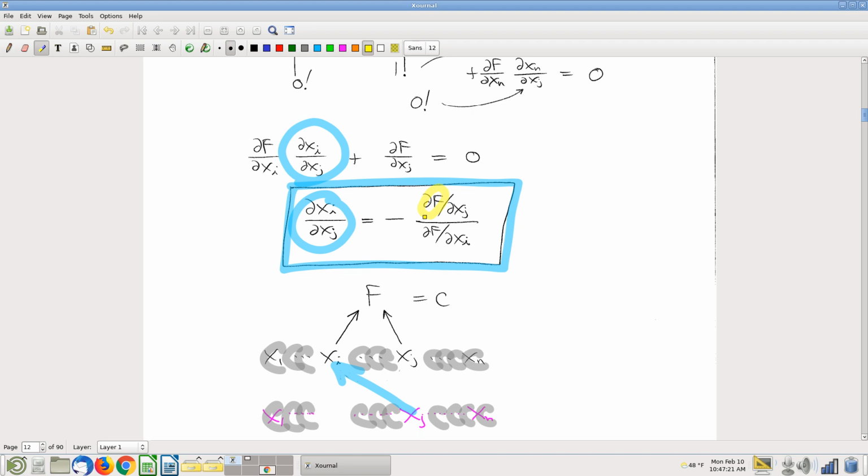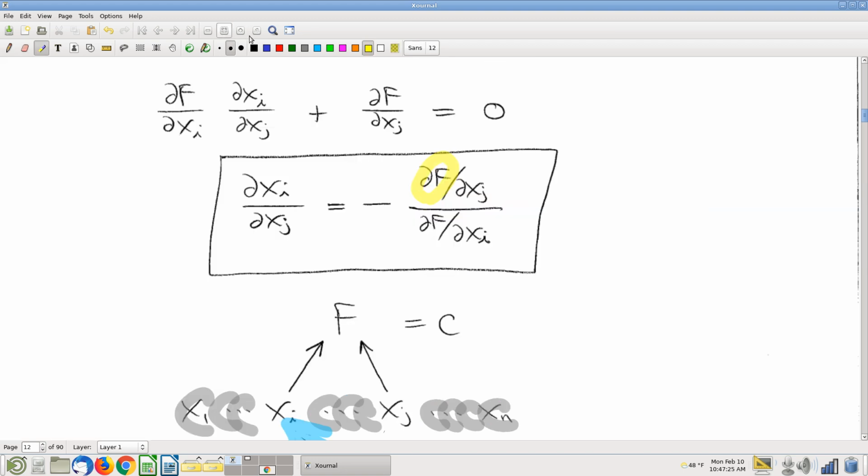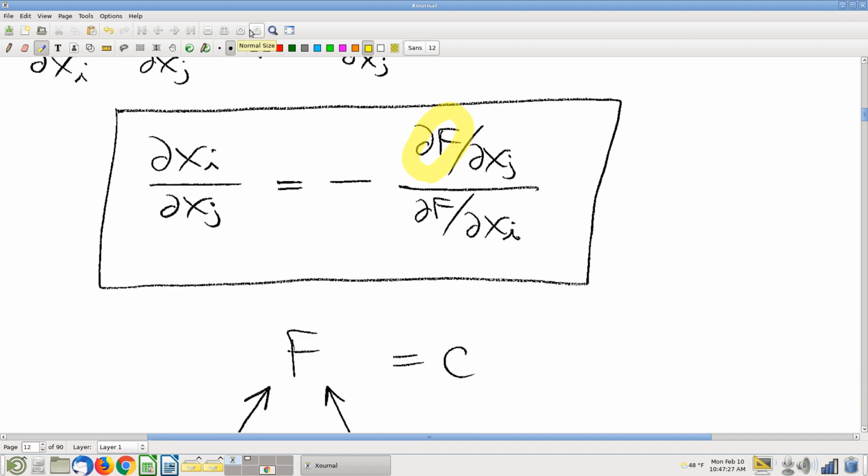That's not a thing. Here, let me zoom so I can focus better. This thing that looks like a fraction, it's not that simple. It's not like partial f is a well-defined single thing that lives by itself that I can just give a name to and toss around like it means something. It just isn't. So don't treat it that way, please. It's very important. It's going to lead you to big problems if you do.